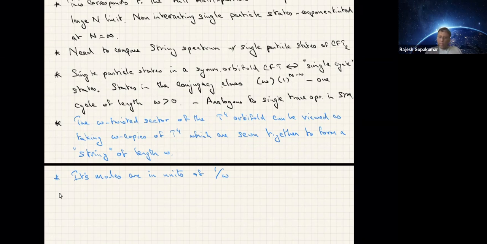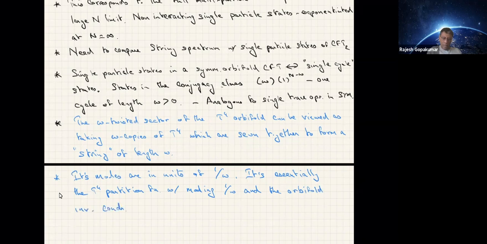And so it's essentially the T4 partition function with moding 1/W and the orbifold invariance condition, which is that even though it's moded by 1/W, the net moding must be equal to 0 mod W, so as to be single valued.